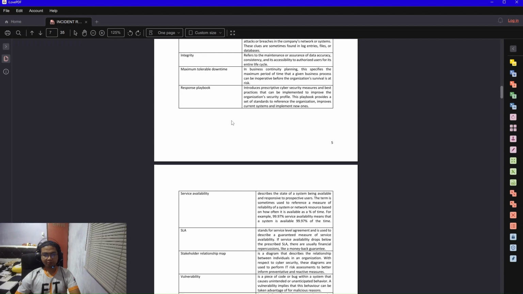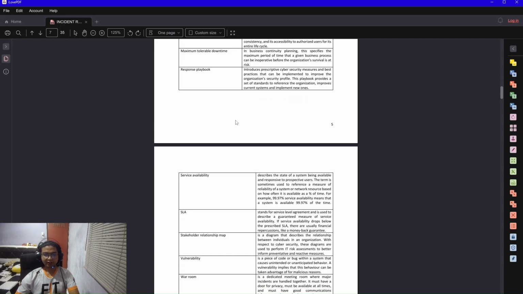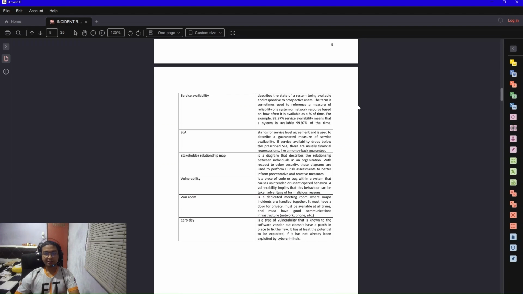A response playbook introduces prescriptive cybersecurity measures and best practices that can be implemented to improve the organization's security profile. Next up is service availability, which describes the state of a system being available and responsive to prospective users.